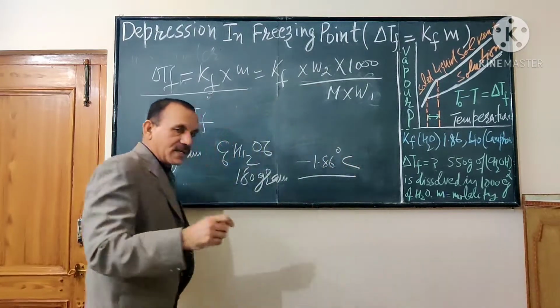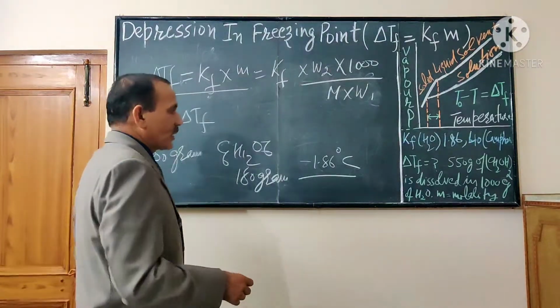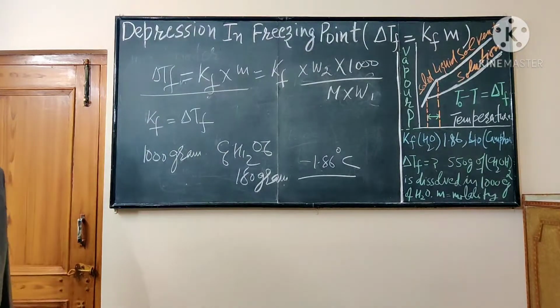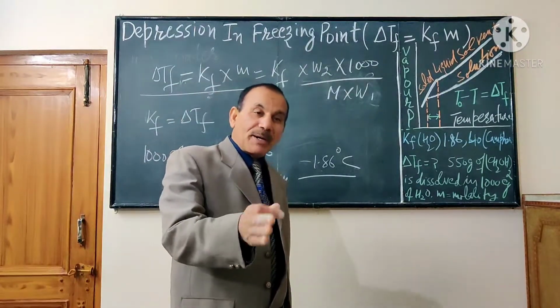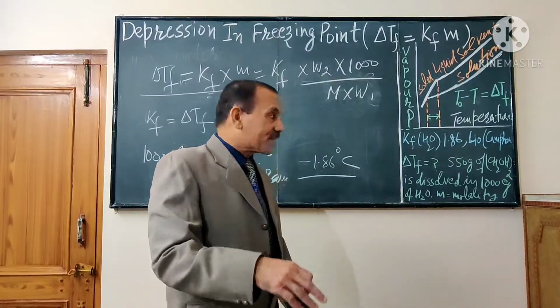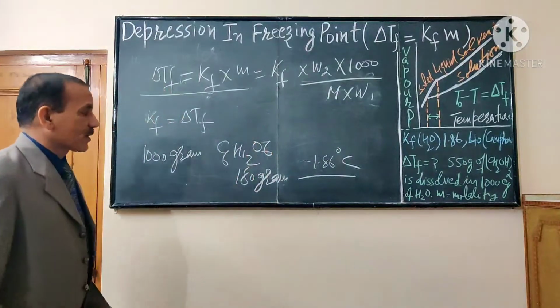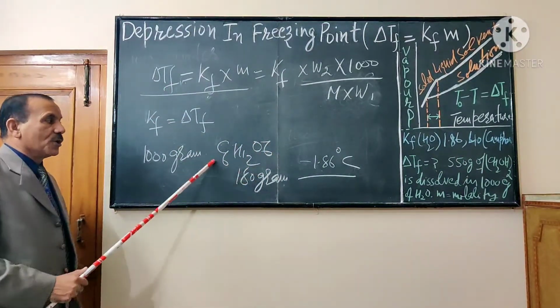A minus means there is a decrease from 0 to minus 1.86, and 1.86 is the value of Kf, the molal depression constant for water, and it is a property of the solvent. For water, Kf is always 1.86 irrespective of the nature of the solute.